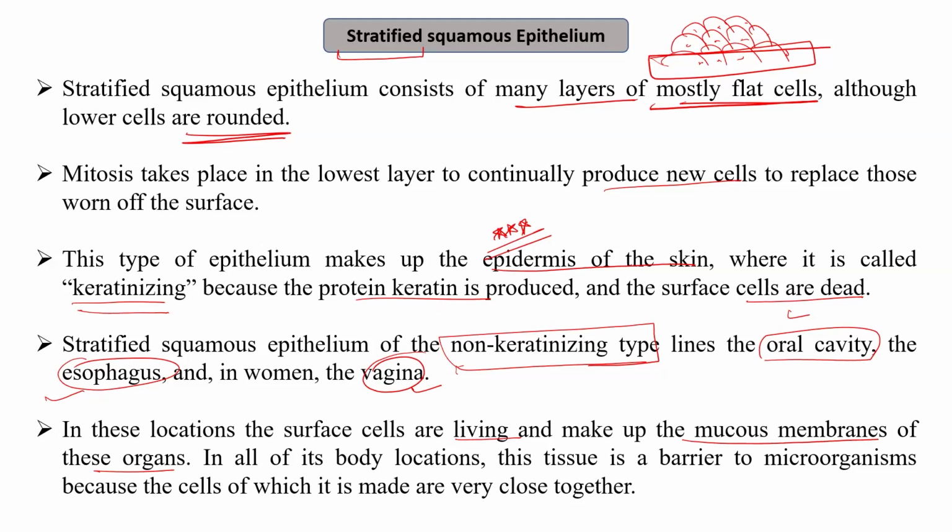In all these body locations, this tissue also provides a barrier to microorganisms, because the cells of which it is made are very close together, tightly packed, and therefore do not allow the entry of microorganisms. So these tissues are present at sites where we have mucus-like secretion, and the mucus also provides protection against microorganisms.